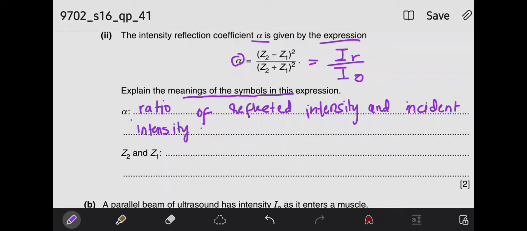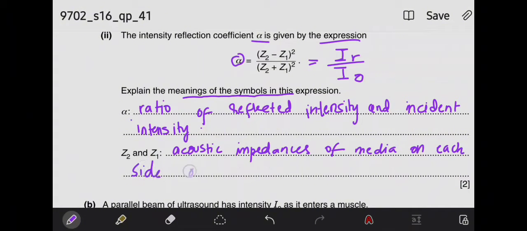Remember that Z2 and Z1 are acoustic impedances of media on each side of the boundary. It's better that you memorize these.